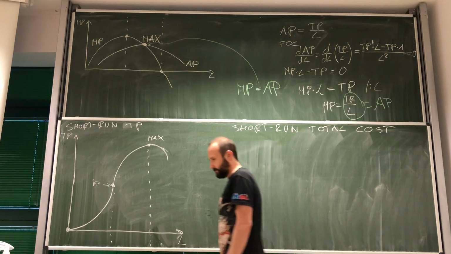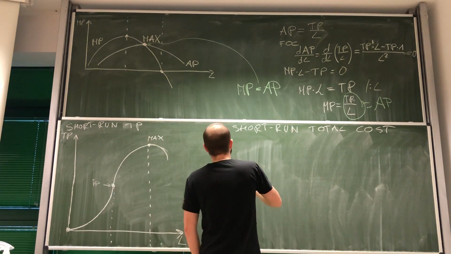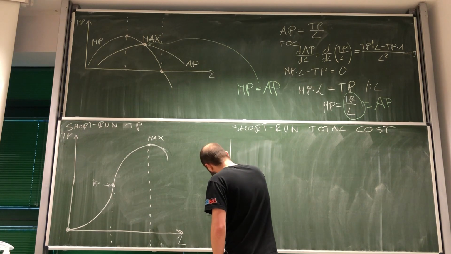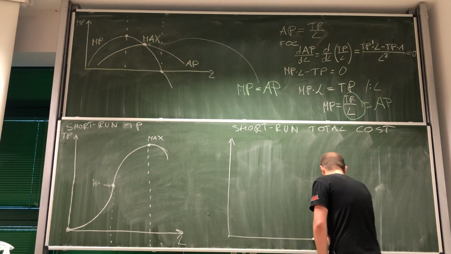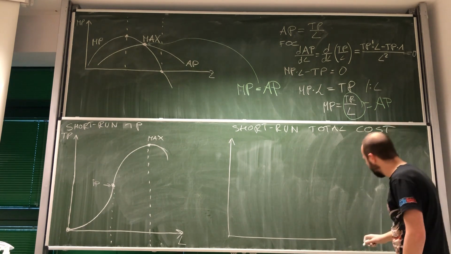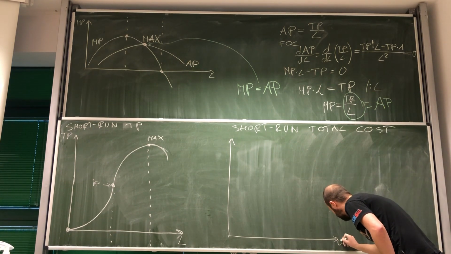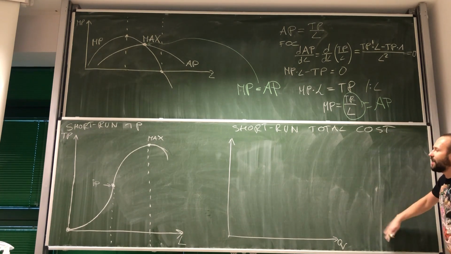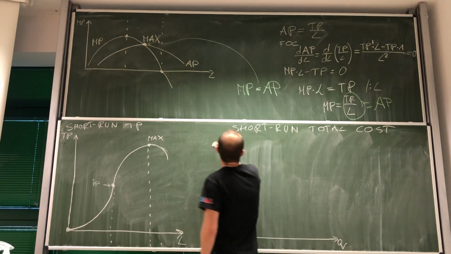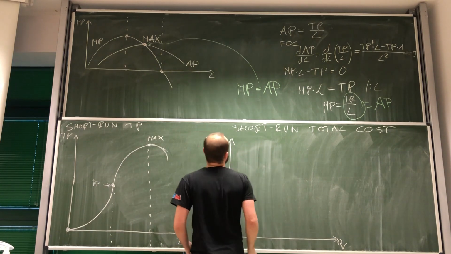Now, I'm not going to do with you the exact derivation of the total cost, but actually let me just point out a couple of more interesting points about the total cost function itself.